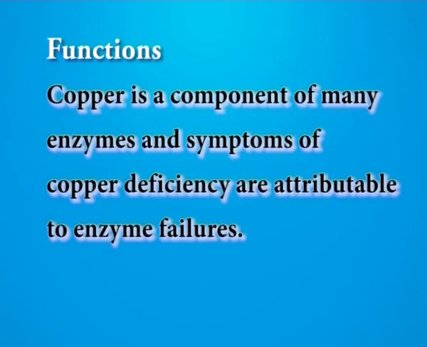Functions: copper is a component of many enzymes and symptoms of copper deficiency are attributable to enzyme failures. Copper in ceruloplasmin has a well documented role in oxidizing iron before it is transported in the plasma.